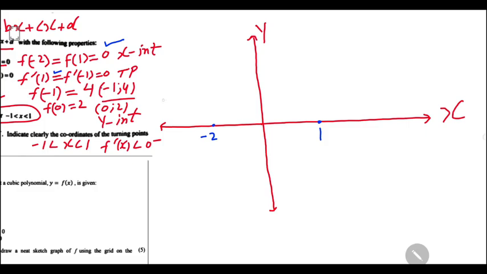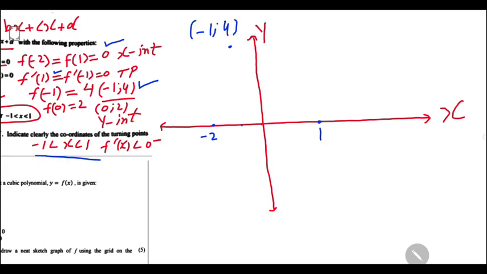This is my turning point here, and at x equal to -1 the first derivative is also 0, so we have a turning point. At x equal to -1, the y value is 4. So the -1 may be somewhere here, and there's going to be a -1 and +4.